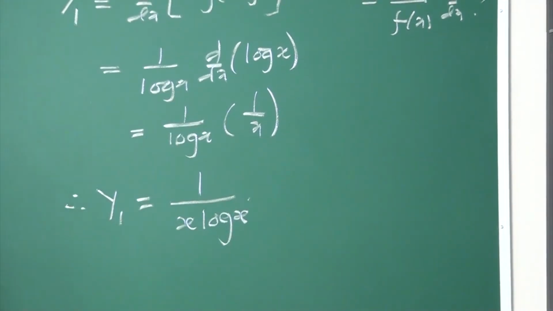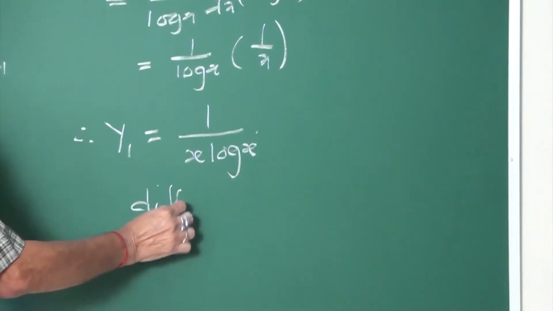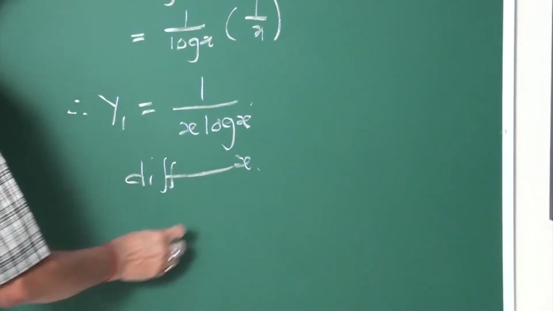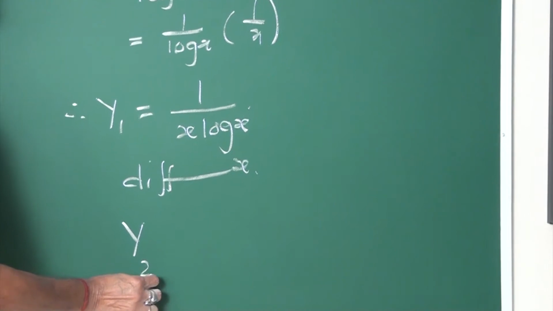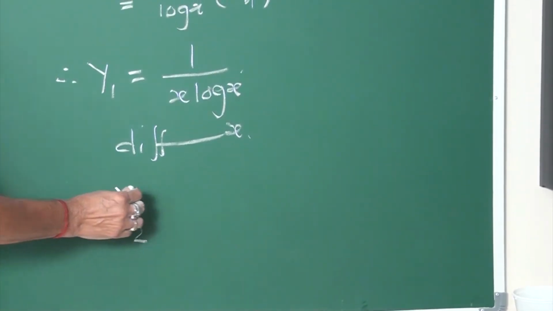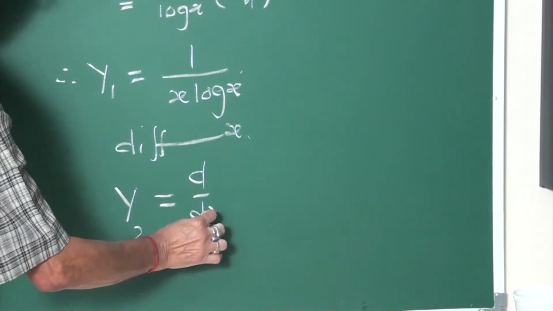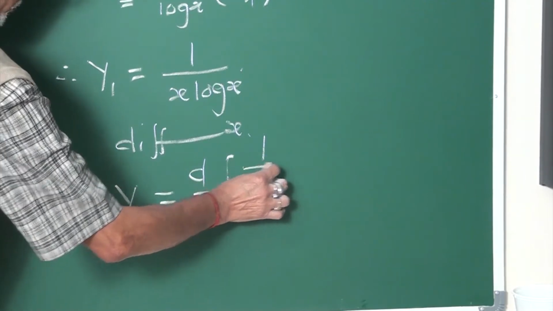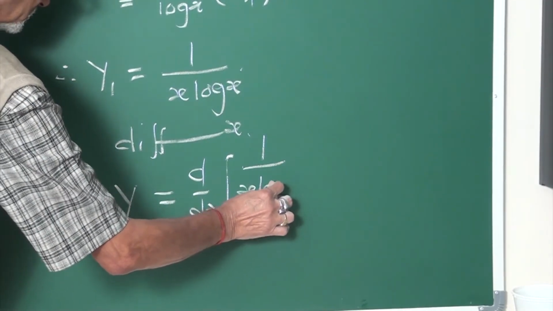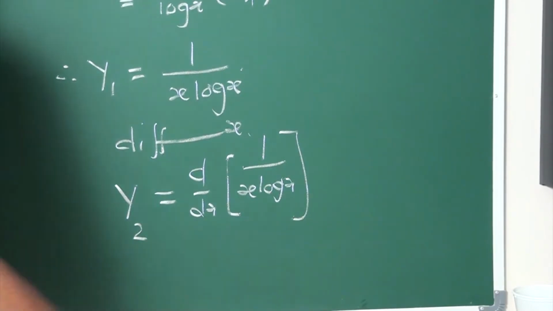x log x. I wanted y2. Yes, ma'am. To get y2, differentiate again with respect to x. The derivative of y1 is y2. You wanted d by dx of 1 upon x log x. Which formula, my friends?